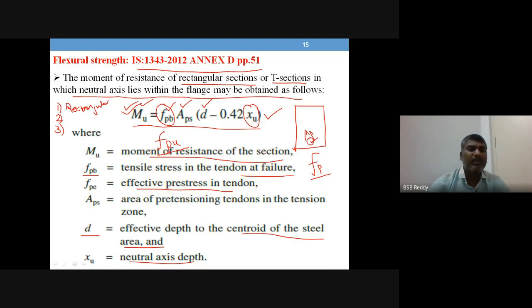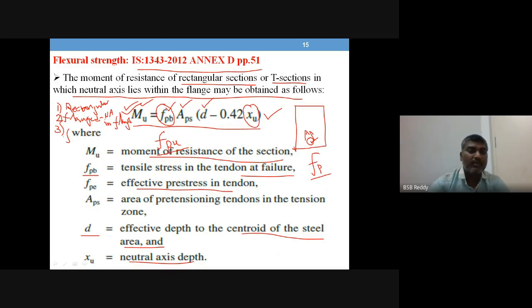Another one is a flanged section. I don't say T section and all, I just say flanged section, where the neutral axis lies in the flange. This is that case.